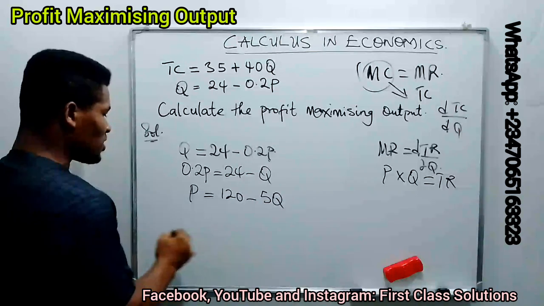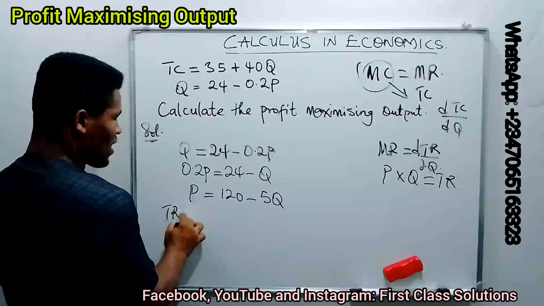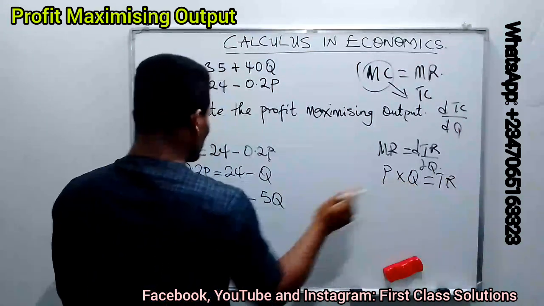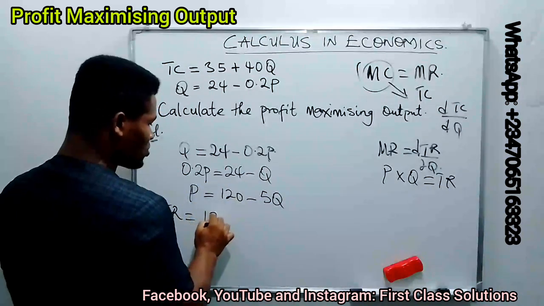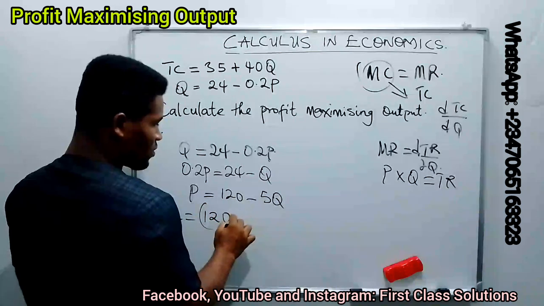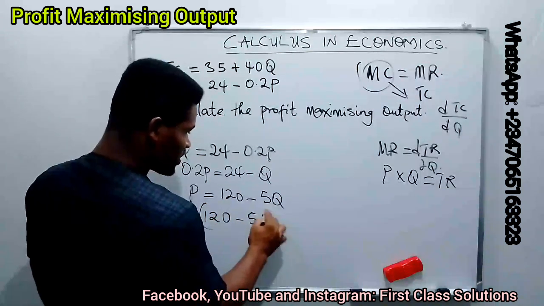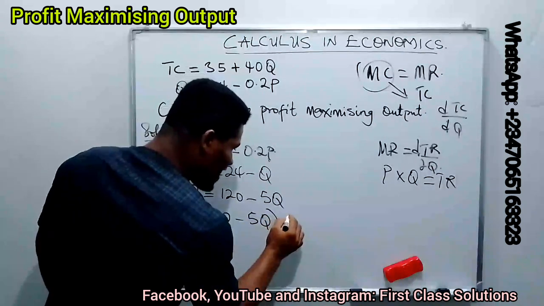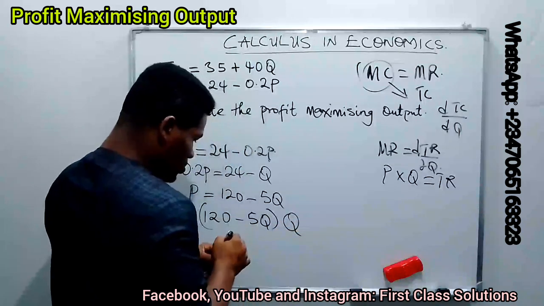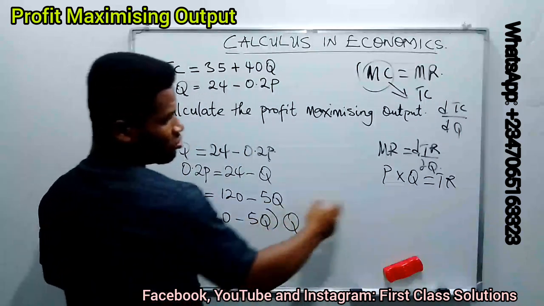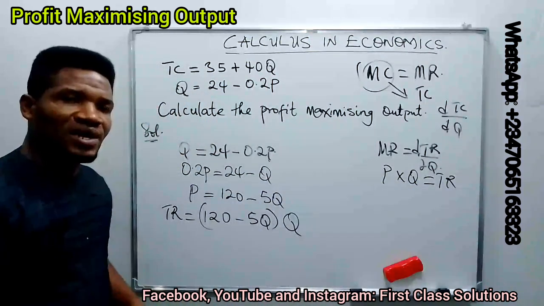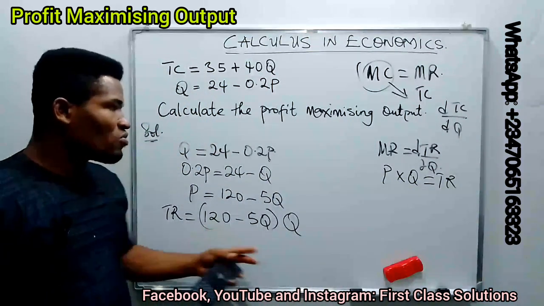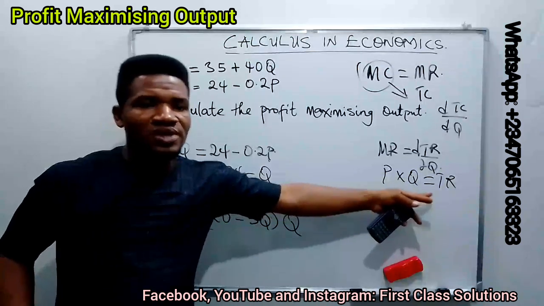So total revenue, as we observe here, is price times quantity. This is our P function, that is our price function. So we have 120 minus 5Q, which is price, times Q again, so as to get our total revenue function. Looking at what we have here, P times Q equals TR. So it implies further that if we have our P, we can simply multiply it by Q to get our TR.